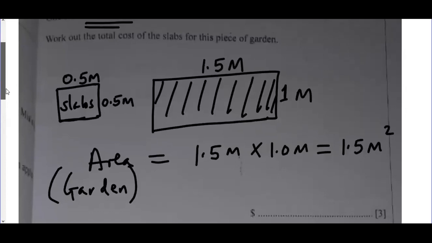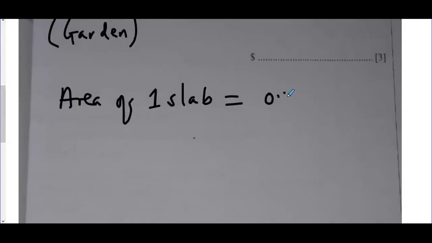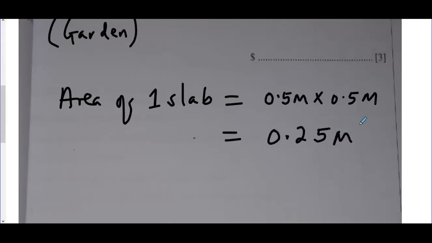Why? Because a slab is in the form of a square. So I'm gonna go ahead writing 0.5 meters times 0.5 meters. And if I do multiplication, this becomes 25. We have two decimal places, so we're gonna have 0.25 meters squared. So this is the area of one slab.